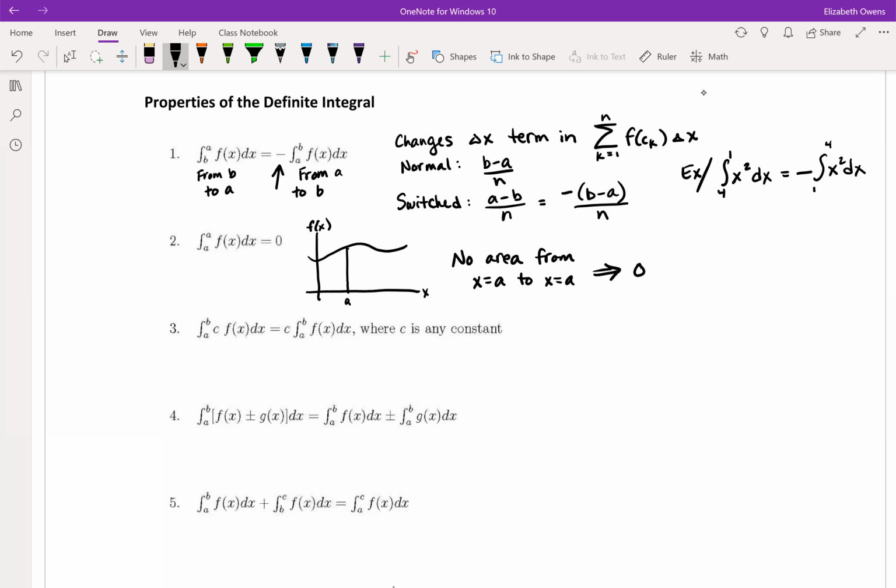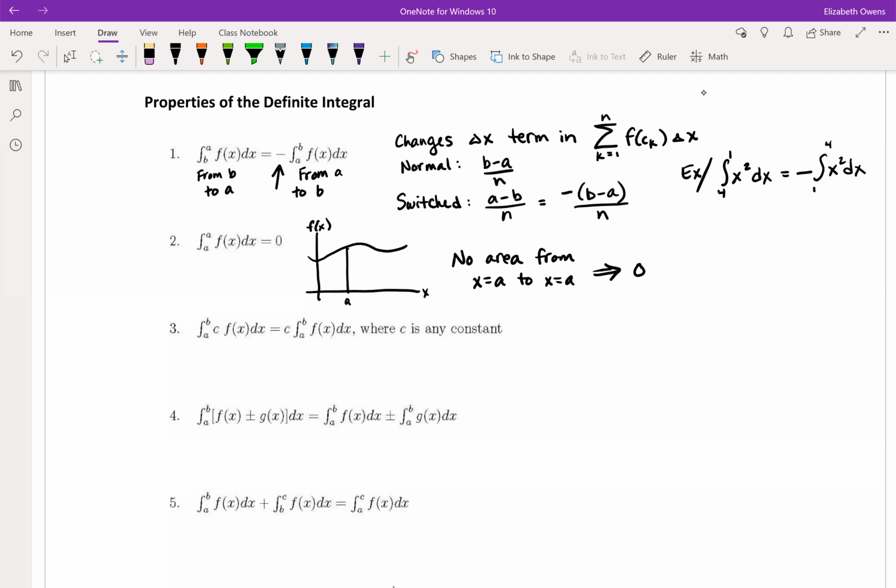Now, the next one: the integral from a to b. We have two different limits again. The integral from a to b of a constant c times f of x dx, where c is any constant. The property says you can pull that constant c out of the integral and multiply it outside instead of multiplying it inside the integral.